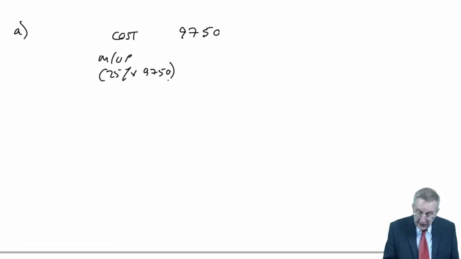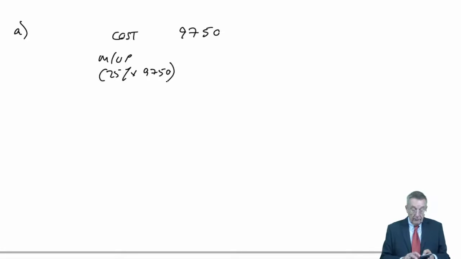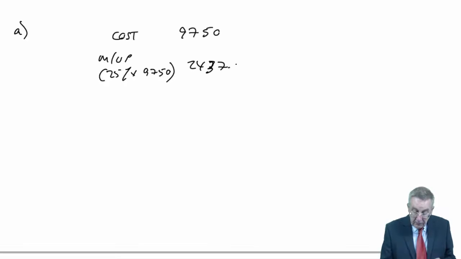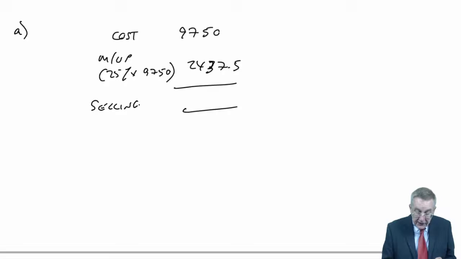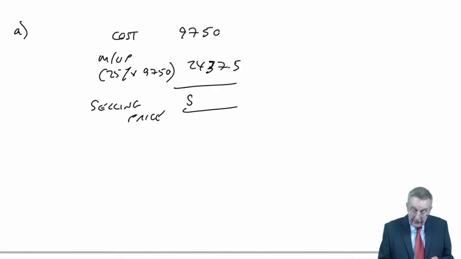So 25% on $9,750 is $2,437.5, and therefore we'd end up with a selling price of $12,187.5.